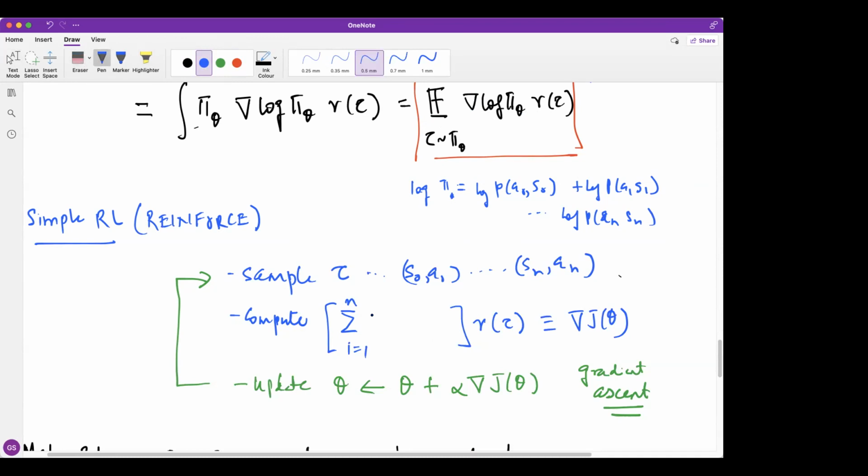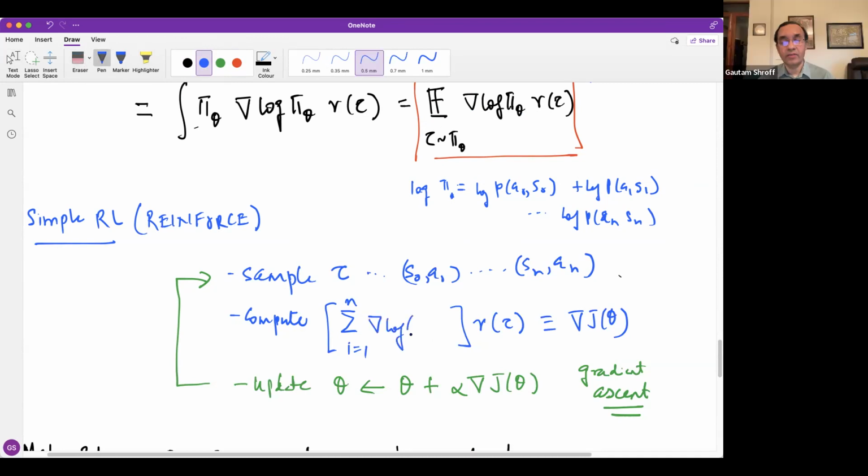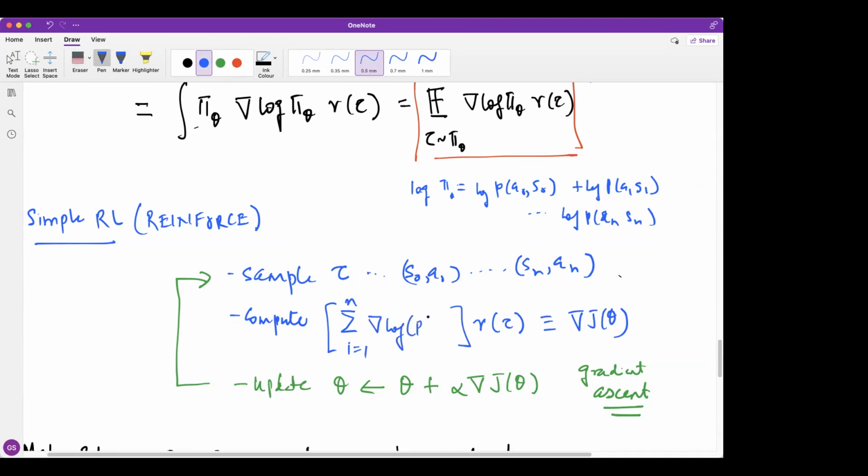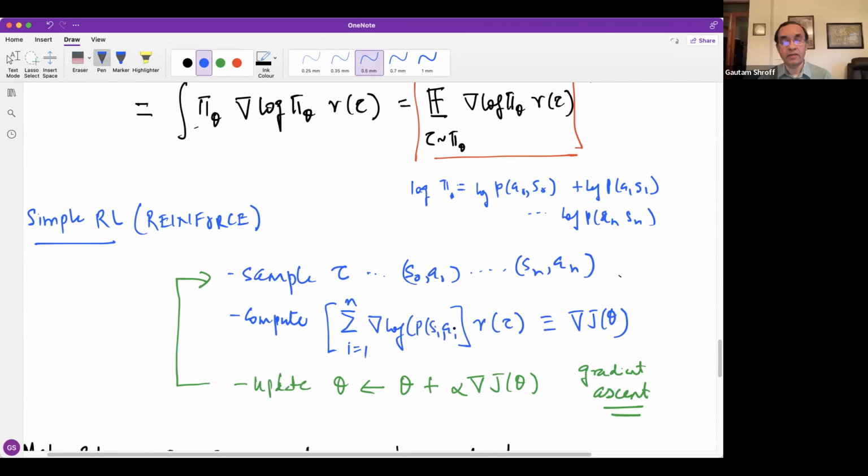The gradient of log P of s_i, a_i. I hate those extra brackets. So let's just write it simply as gradient of log P.